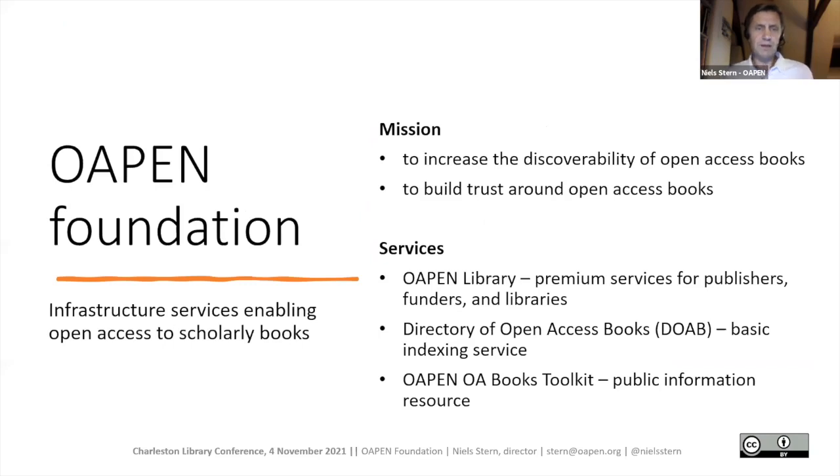Just a few words on OAPEN. We provide infrastructures to enable open access to scholarly books. Our mission is to increase the discoverability of open access books and to build trust around them. And we do that by providing 3 services: the OAPEN Library, the Directory of Open Access Books, and the OA Books Toolkit.